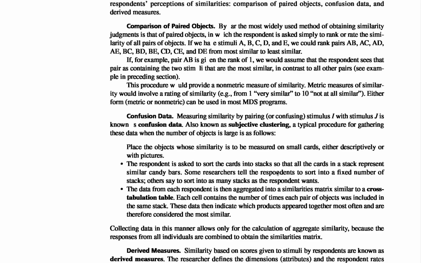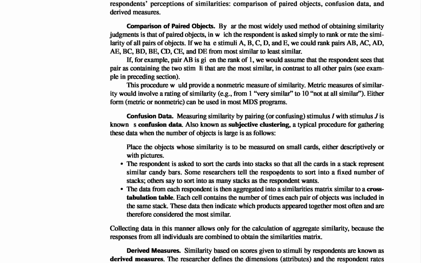If, for example, pair AB is given rank 1, we would assume that the respondent sees that pair as containing the two stimuli that are most dissimilar in contrast to all the other pairs, as seen in the example in the preceding section. The procedure provides a non-metric measurement of similarities.